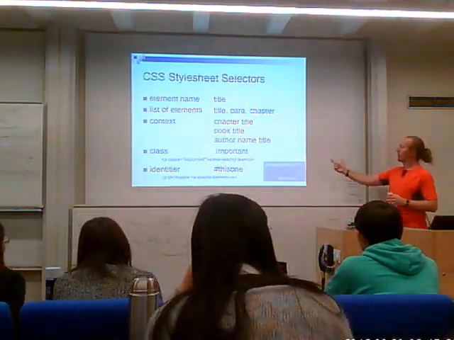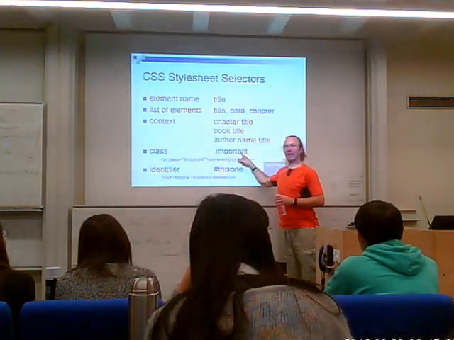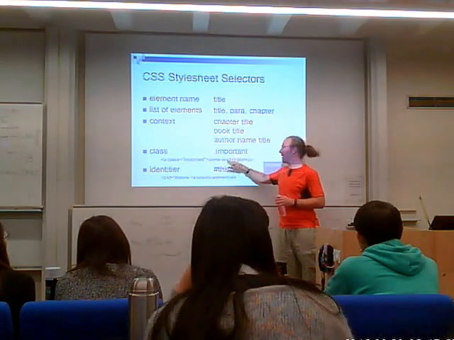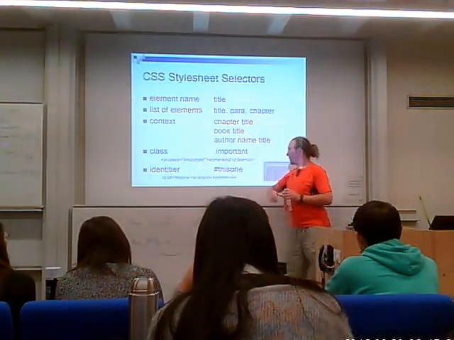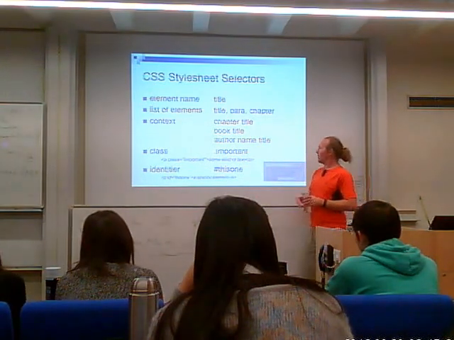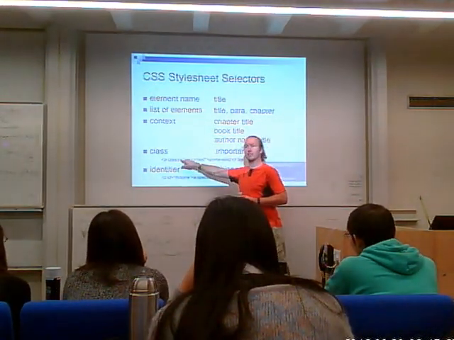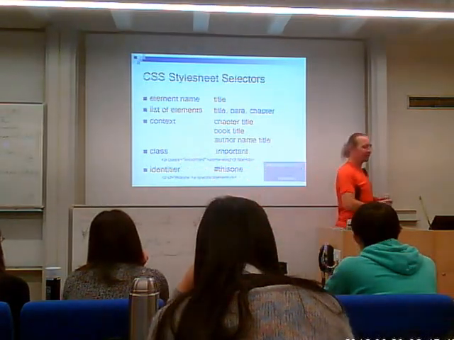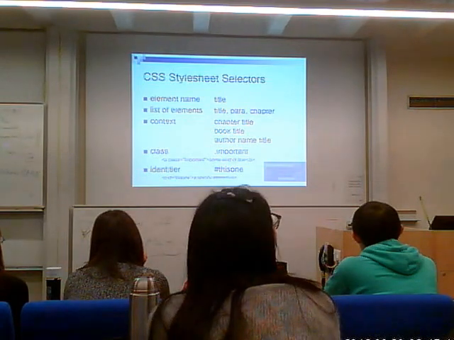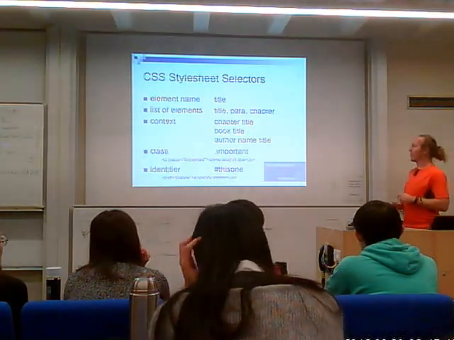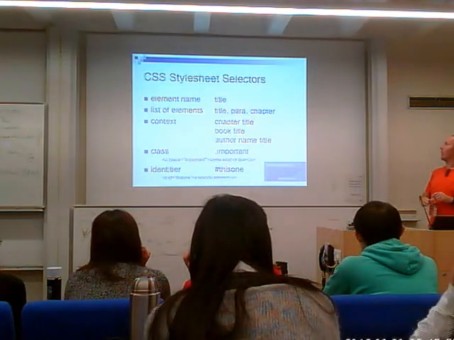Now dot important selects all elements that have that as a class attribute. The important thing to note is that lots of different tags can have this. You can have any types of tags that have that class, and you can have as many or as few as you want that have the class that you're labeling. It's just for you to be able to select within the style sheet.